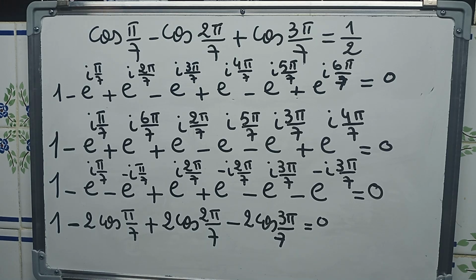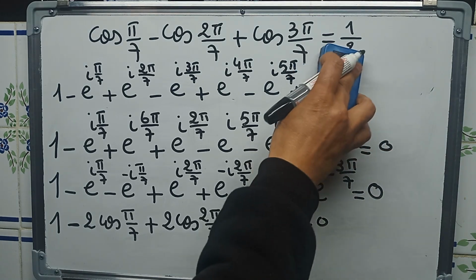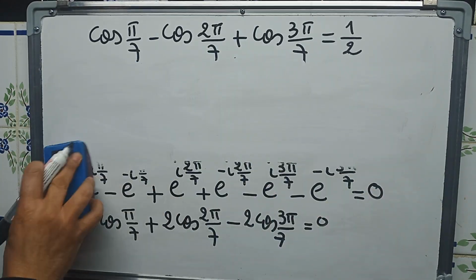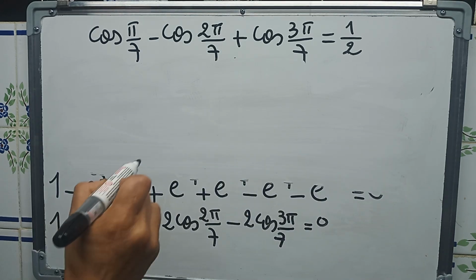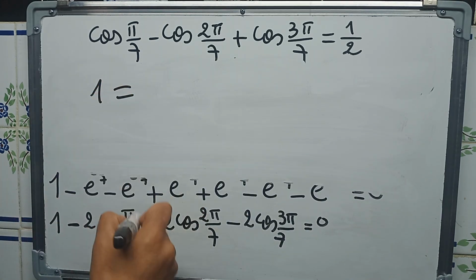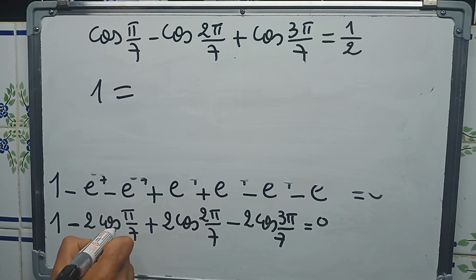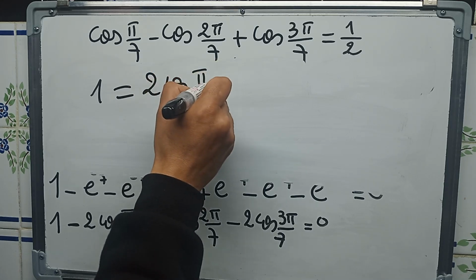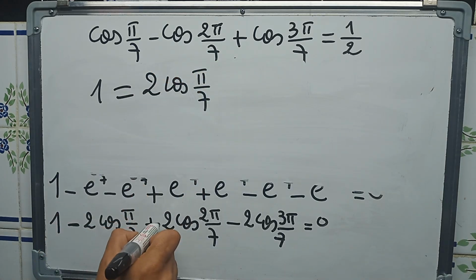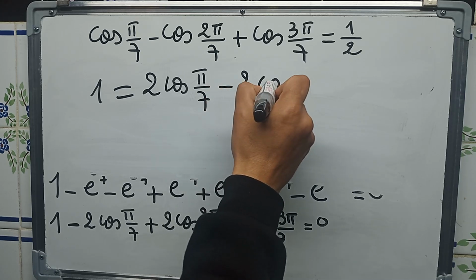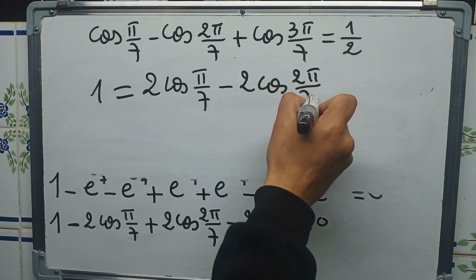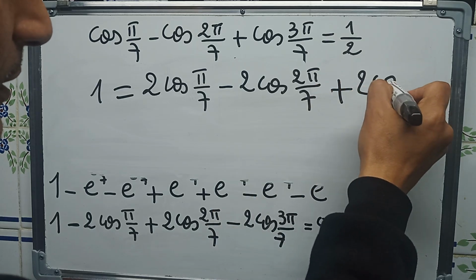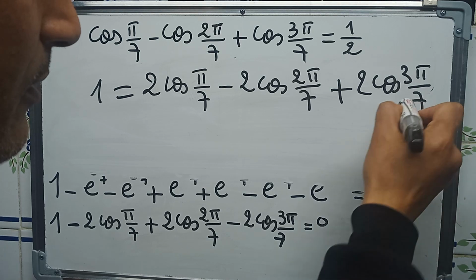So we will have 1 equals, those terms go to the other side: minus 2 cosine pi over 7 becomes 2 cosine pi over 7 on the other side, here minus 2 cosine 2 pi over 7, and plus on the other side 2 cosine 3 pi over 7.